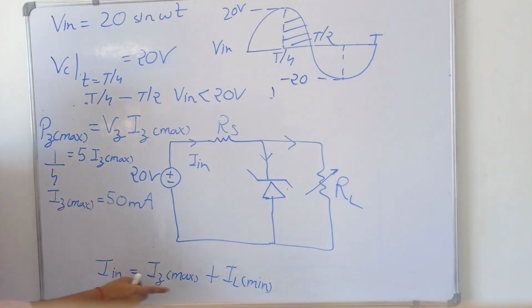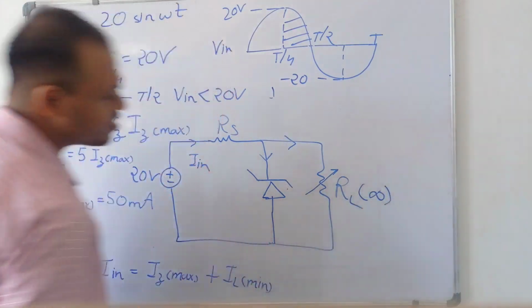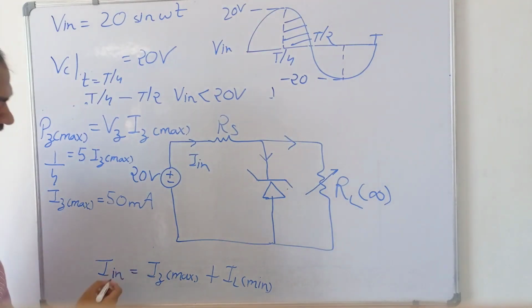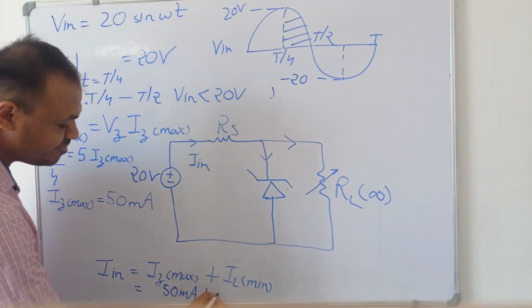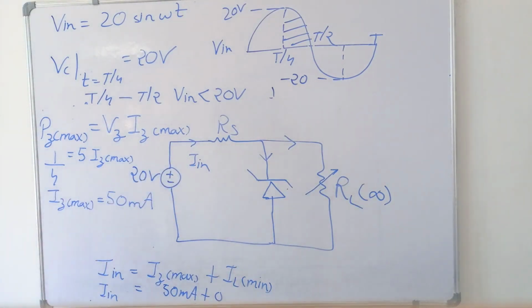If Iz is maximum, then IL will be minimum, and for IL minimum we can consider RL to be infinite, because we were given that RL is variable. So we can take the minimum value of IL and maximum value of RL. Iz maximum is 50 milliampere. IL minimum will be 0 when RL is infinite. So I in is equal to 50 milliampere.